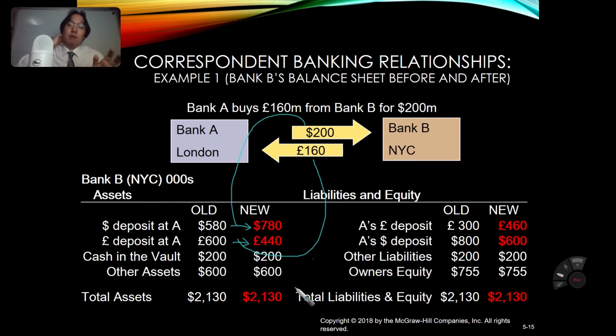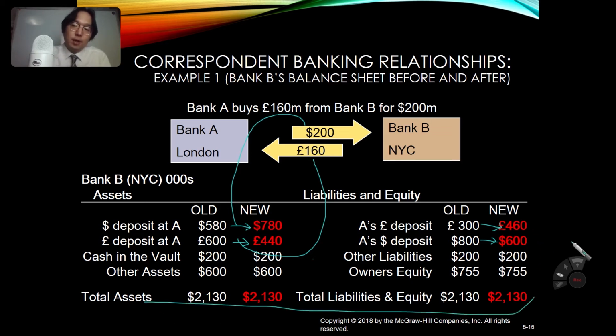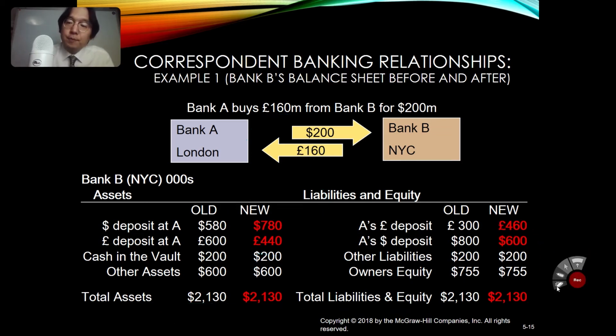From the perspective of Bank B, those deposits are a liability. So Bank A's pound deposit goes up by 160. We are just switching the account from dollar to pound in the deposit liability section, so that nothing changes in total.